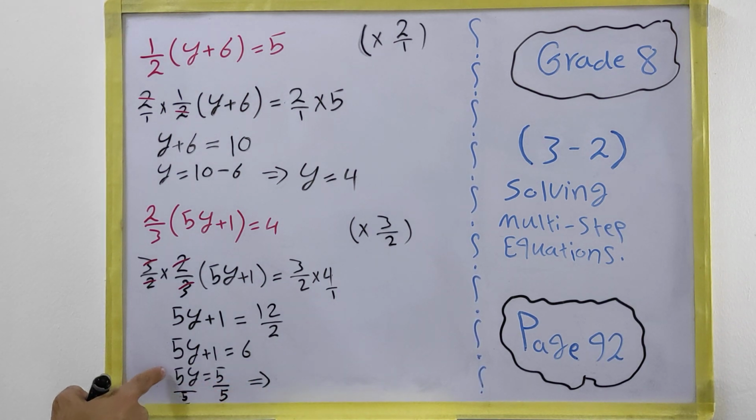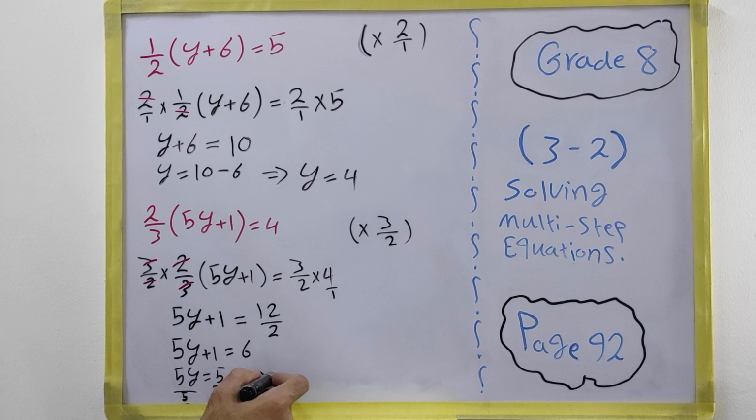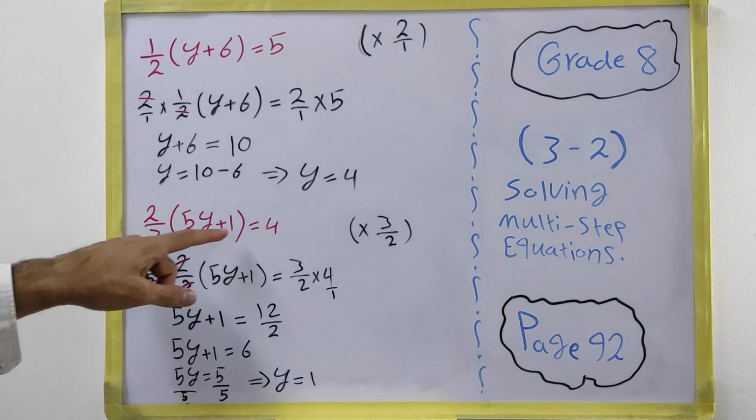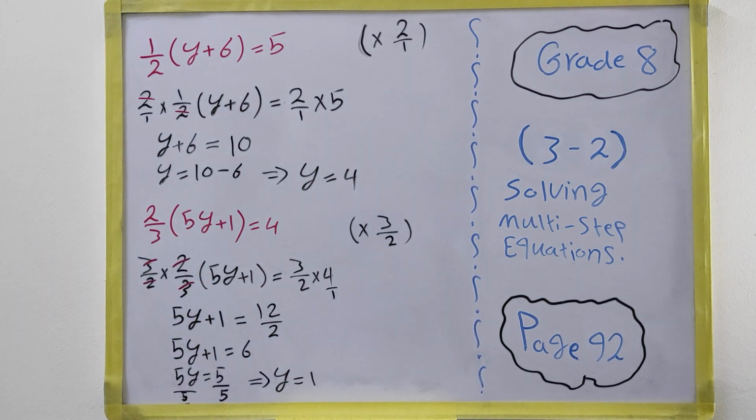Then 5 divided by 5 is 1y, equals 5 divided by 5, which is 1. This is the result of the unknown, which must be 1, so that these two sides are equal.